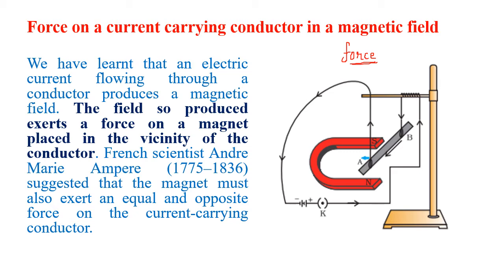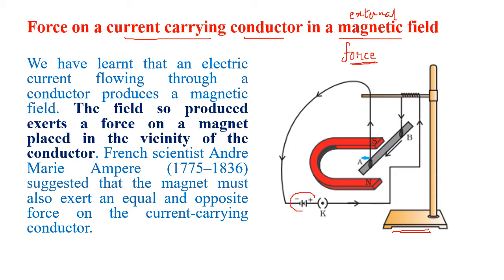Now we have just seen that a current carrying conductor produces a magnetic field. What if we place that current carrying conductor in another external magnetic field, what would happen? So there is a small activity shown here. You can see on a stand, what have we taken?